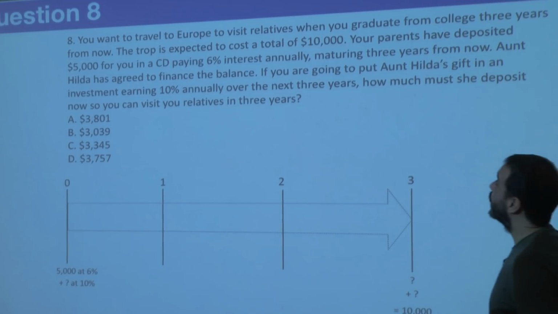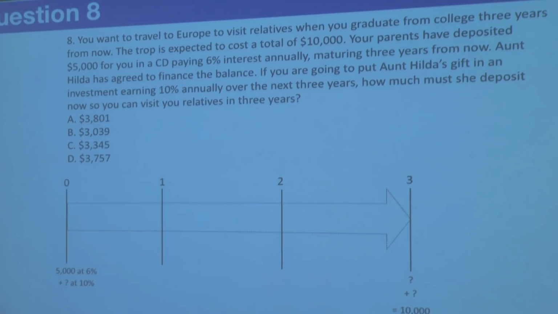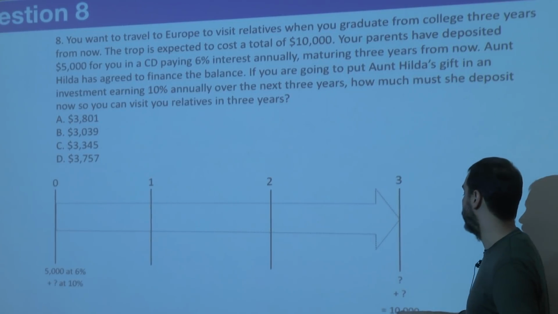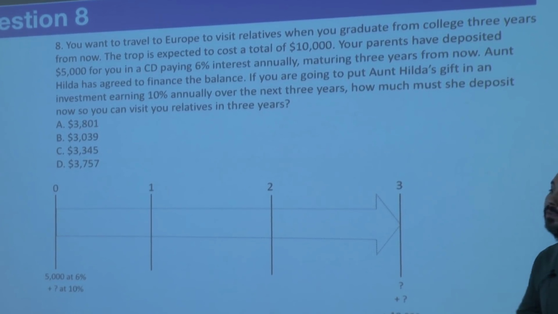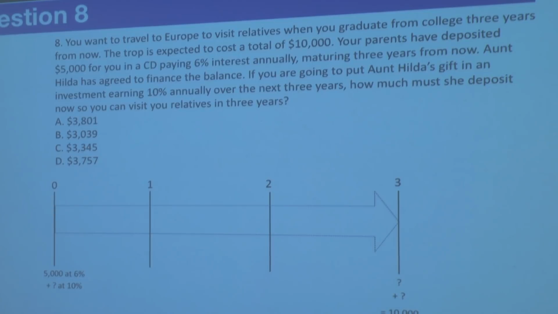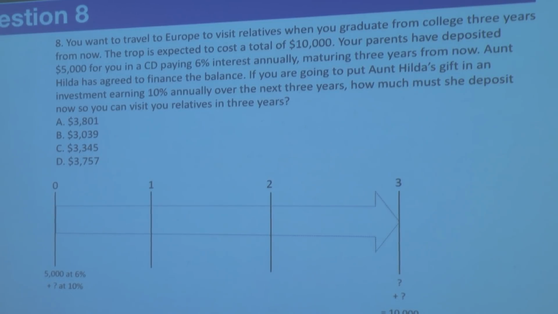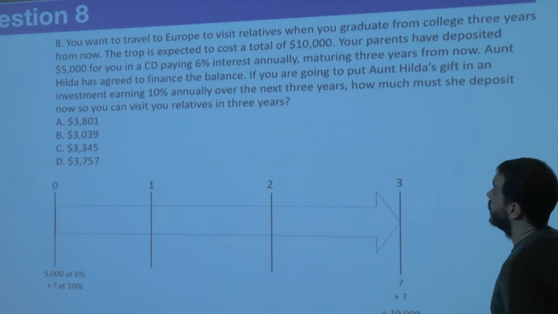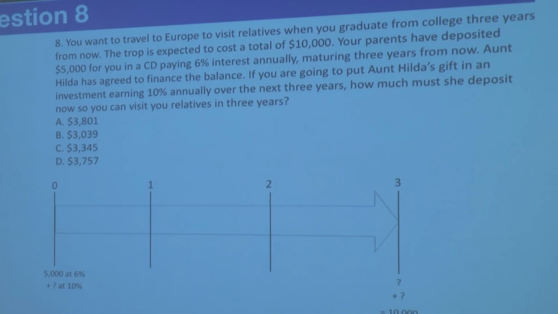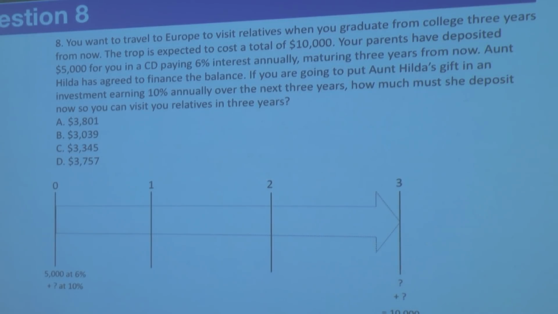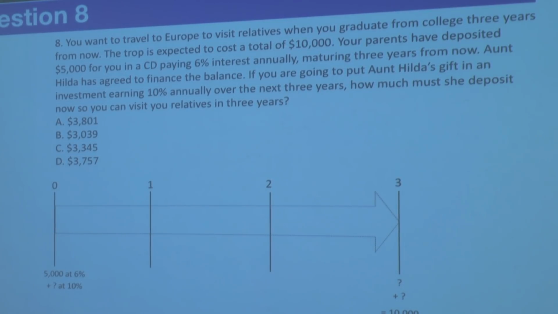You want to travel to Europe to visit relatives when you graduate from college, 3 years from now. Okay, so in 3 years you have to spend some amount. You want to be able to spend $10,000. Your parents have deposited $5,000 for you in a certificate of deposit, paying 6% annually.